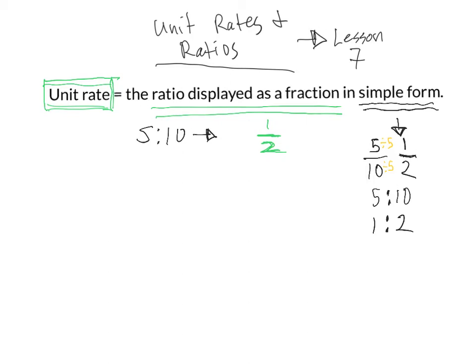Because all you do is flip the ratio so that it looks like a fraction. And then simple form would be 1/2. And that would be your unit rate.